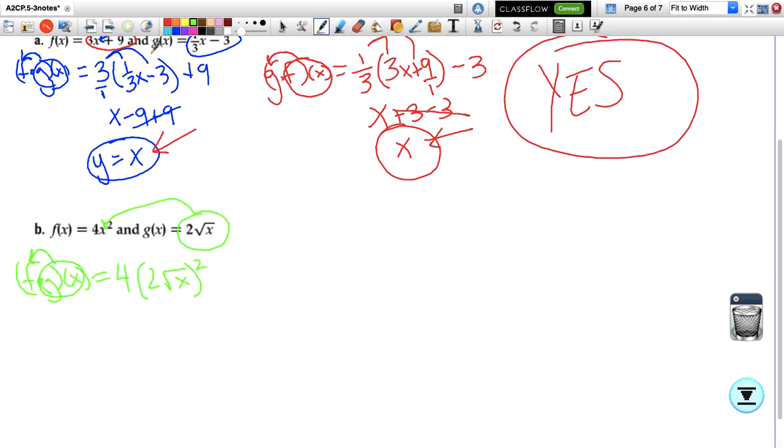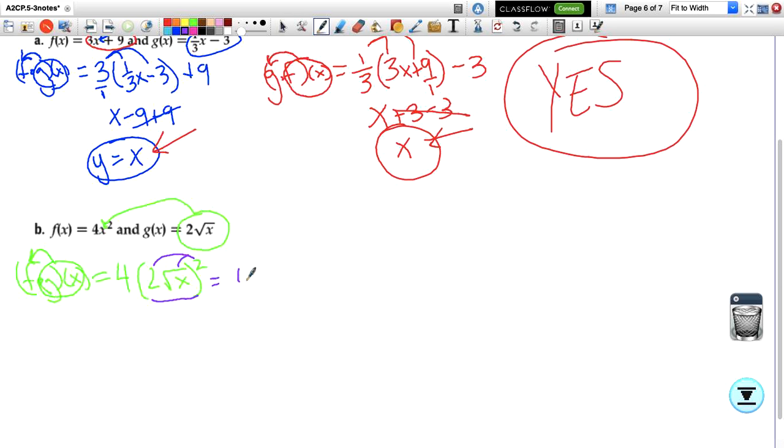Now this is where PEMDAS is something you got to remember. So first things first, parentheses. Can I simplify anything in here? No. Next is not multiply the 4 in. Next is exponents, right? PEMDAS. So we need to do this exponent next. So this is a monomial, folks. There's no plus or minus, so I can actually distribute that squared to both pieces.